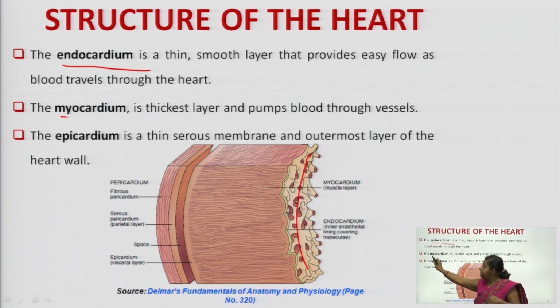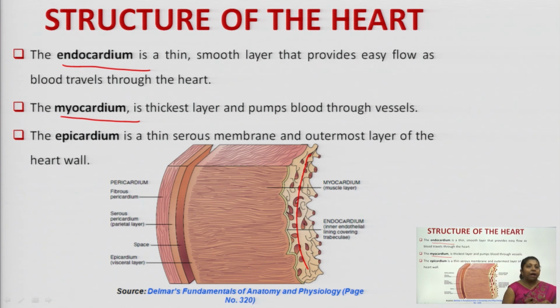The second layer is myocardium. Myo means muscle. So the second layer or the middle layer is the myocardium or the muscular layer, and this is the thickest layer of your heart, which helps in the contractility of the heart so that it can pump out the blood into the blood vessels.